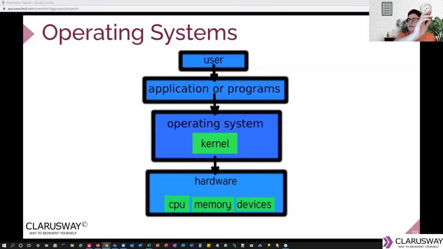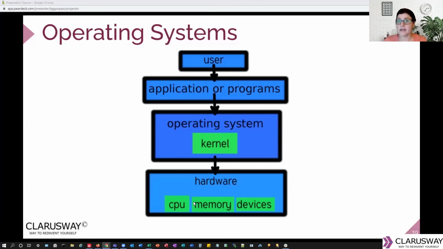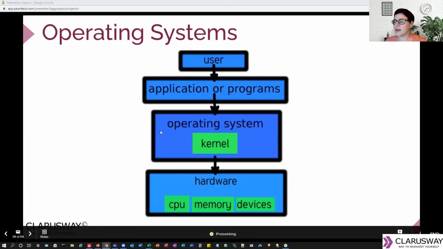Now let's talk about another component of operating systems, and this is the kernel. And we saw this during our Kahoot. So if you think about computers, of course, we learned in the last topic, hardware, and that's typically what they're talking about when they say a computer. But installed on that hardware is the operating system, and we have a concept known as the kernel.